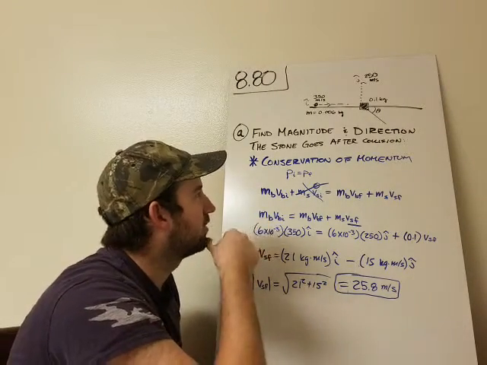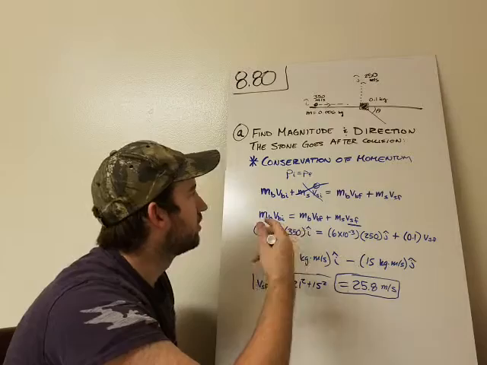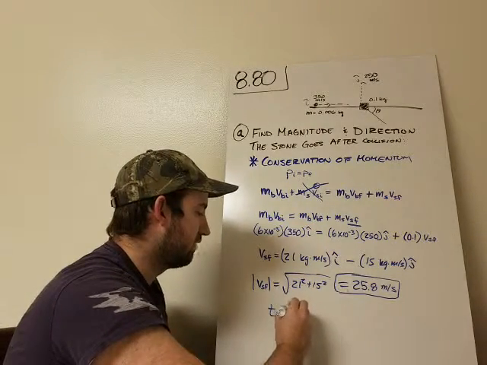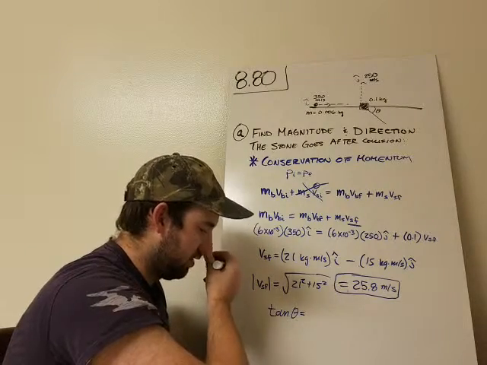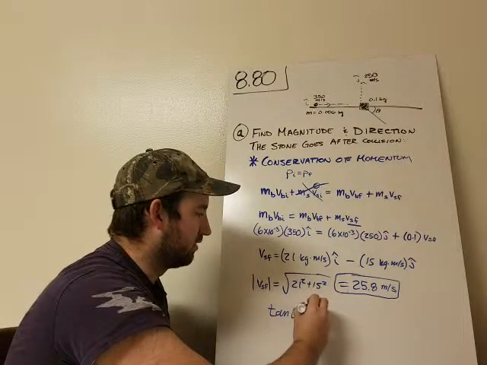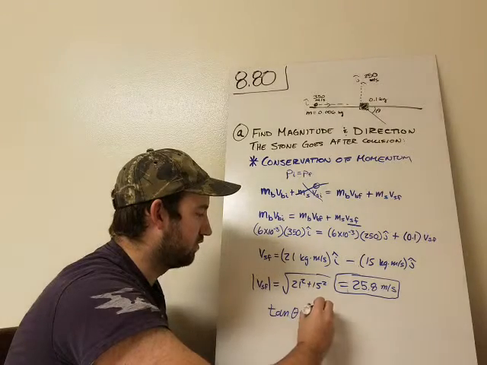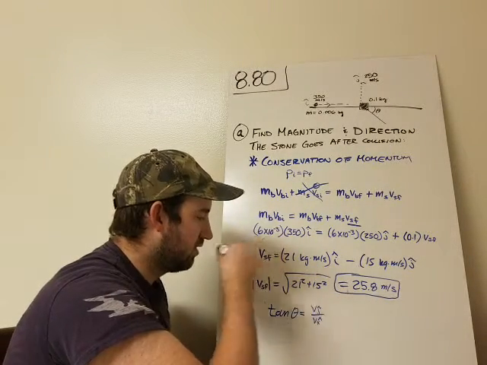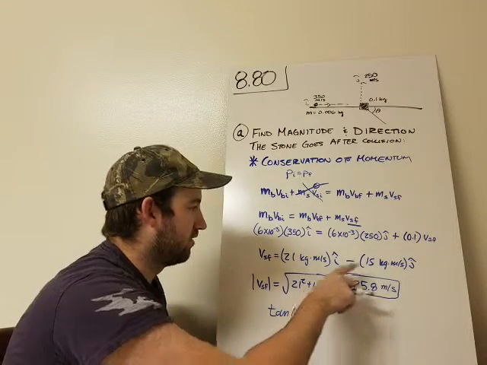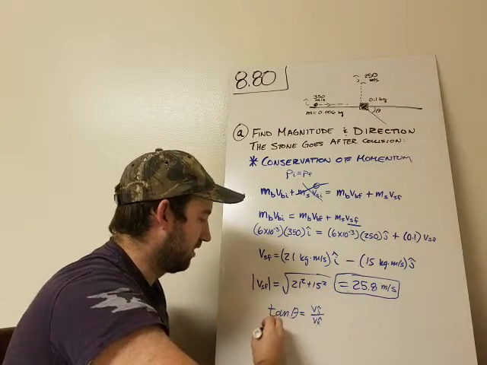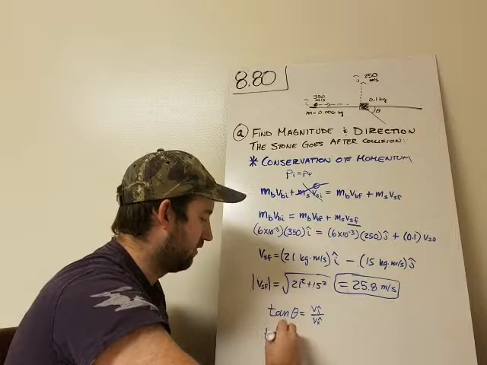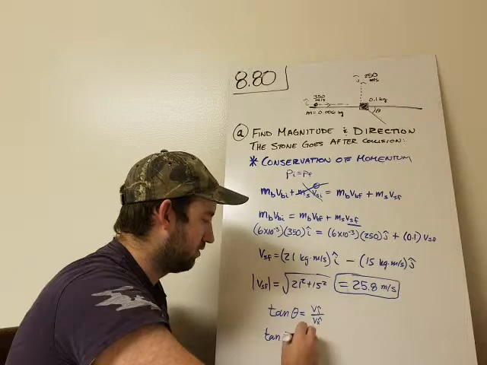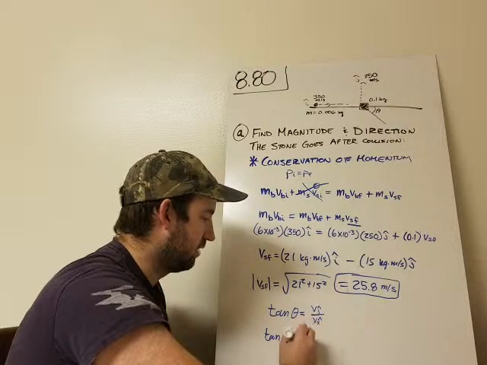But the question also wants to know the direction. So we know that the direction can be found by the tangent of theta equals the v of j over the v of x. And when we plug that in, we know our j and we know our x, so it's going to be tangent of theta equals 15 over 21.